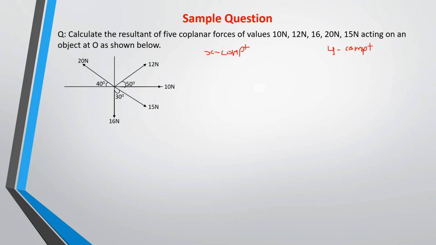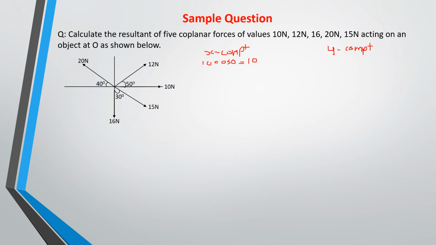For the 10 Newton force, the x component will be 10 cos 0, and cos 0 is equal to 1. So 1 times 10 will give you 10.